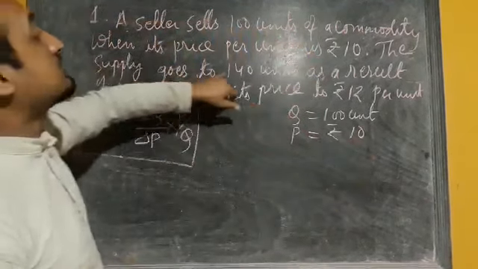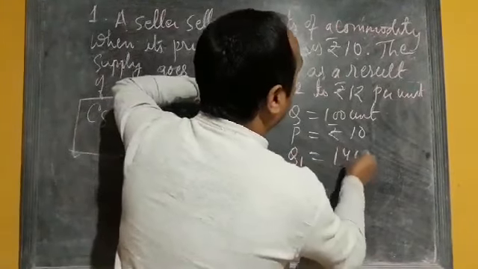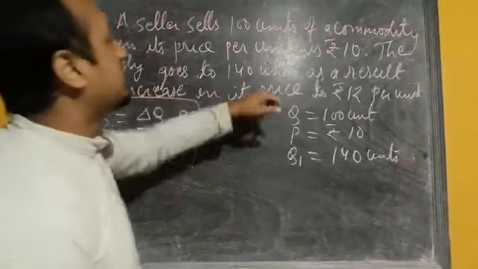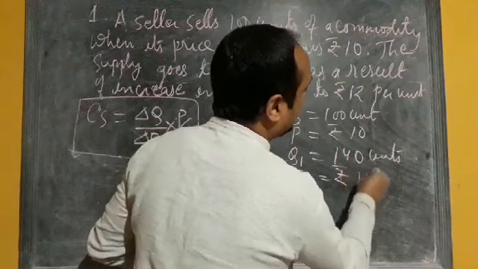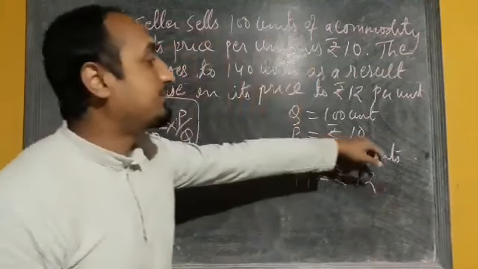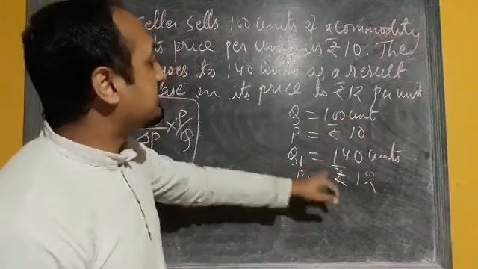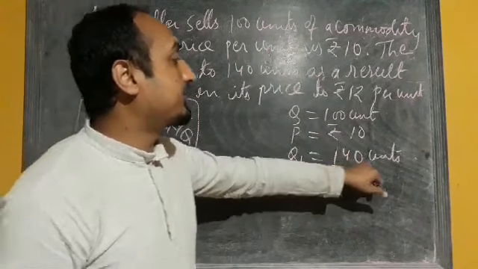The supply goes to 140 units as a result of an increase in price to P1, rupees 12. So the quantity supplied increases from 100 to 140 units due to the price increase from 10 to 12.